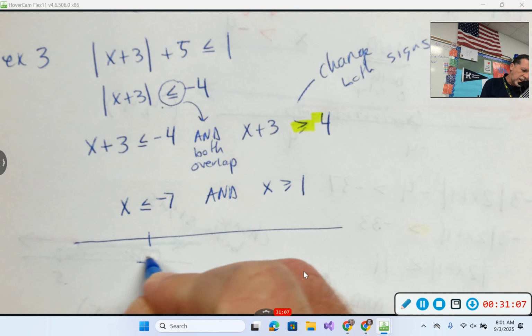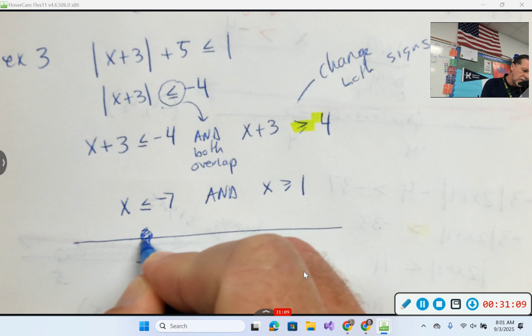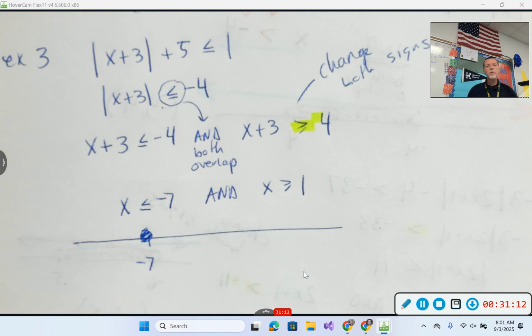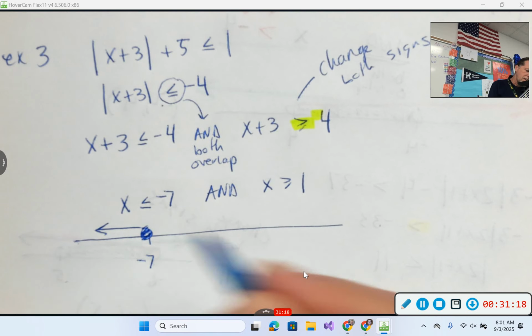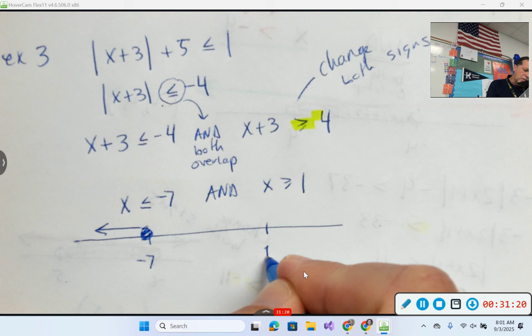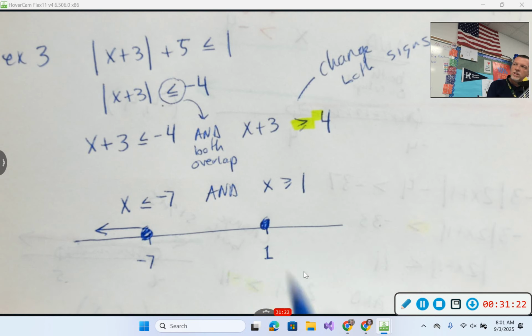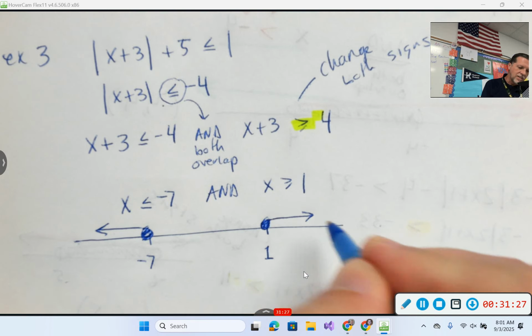Let's see, -7, closed circle. Which way am I shading, left or right? Where are all the numbers smaller than -7? To the left. And then there's 1, closed circle. All the numbers bigger than 1. To the right.